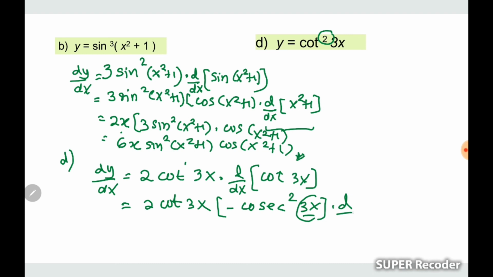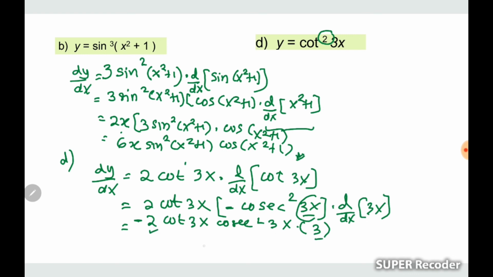So d dx of 3x, the answer is 3. So the answer is 2 cotangent 3x, negative, bring in front, cosecant squared 3x, and differentiate 3x, the answer is 3. So we combine 2 and 3. The answer is negative 6 cotangent 3x cosecant squared 3x.